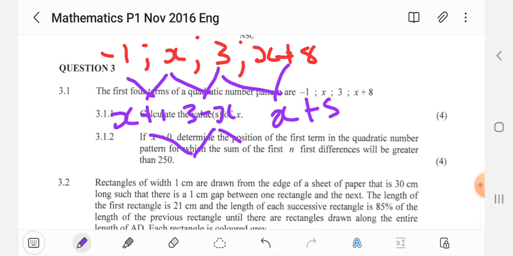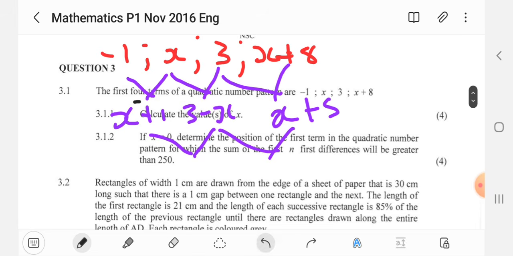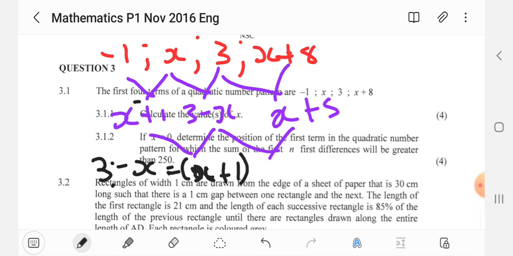Then we will have the second constant difference. The second one minus the first one, to get the difference. So here we will have 3 minus x minus x plus 1.